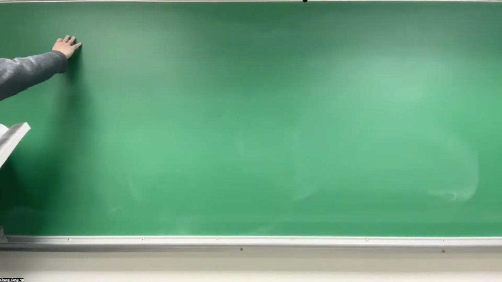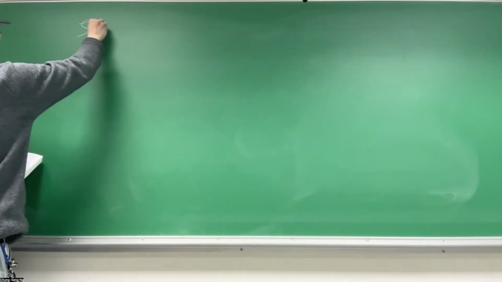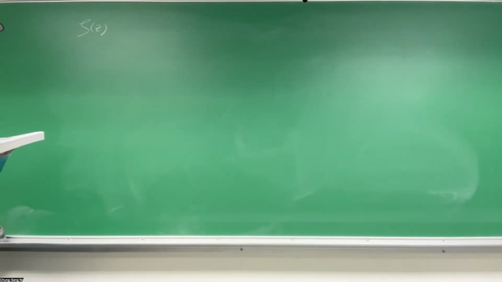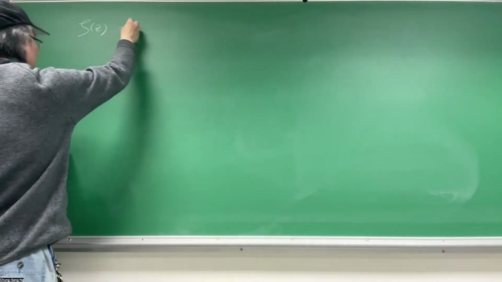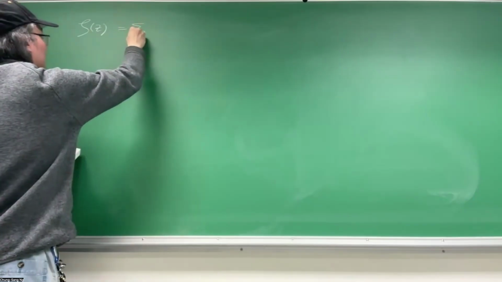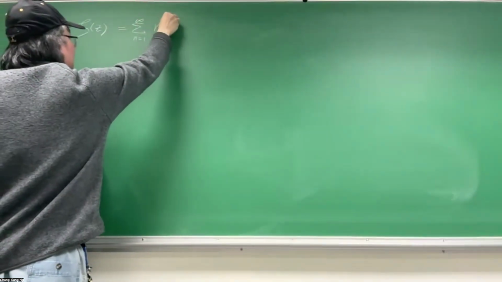So this zeta function depends on z. Originally, you defined it for a real number, likely a positive number. Actually, there's a restriction based on the form. It's defined as the sum over n from 1 to infinity of n to the minus z.